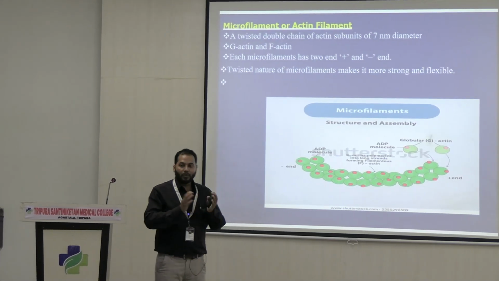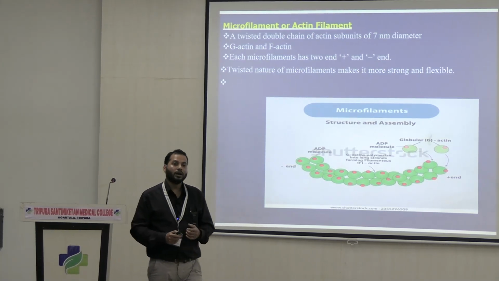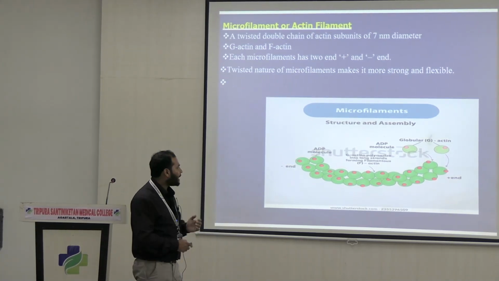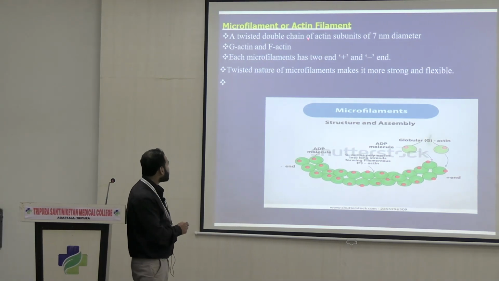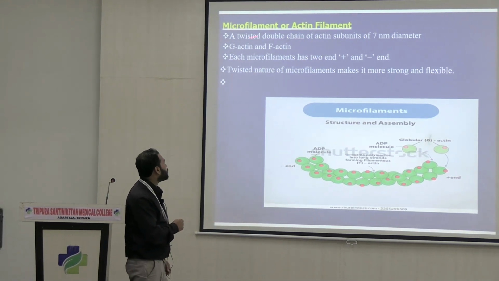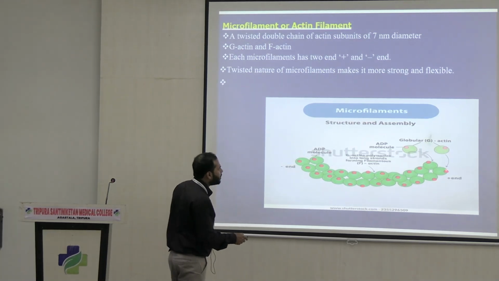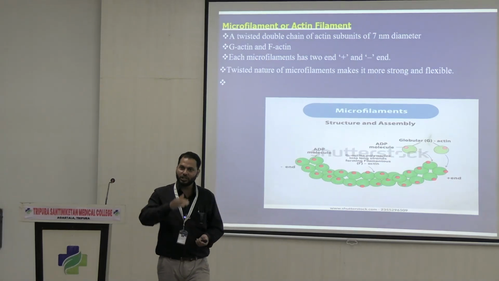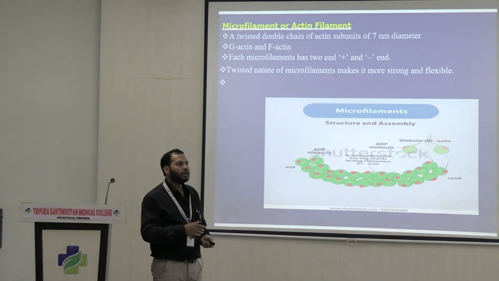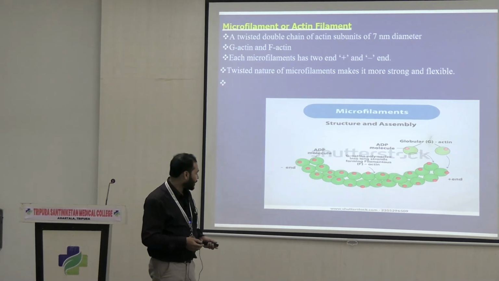So during polymerization, what we see in a single microfilament structure is actually like a twisted chain, and to this twisted chain a number of globular proteins attach. Once they attach to the twisted chain, they transform from globular into filamentous actin.